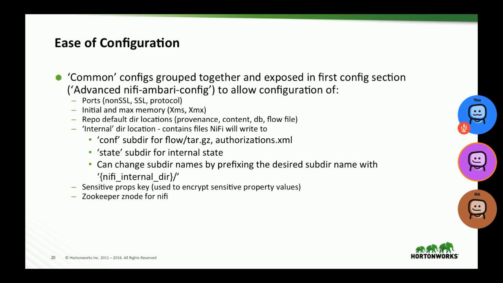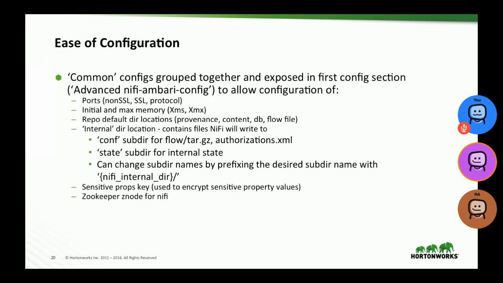So as I showed when we were installing the cluster through NiFi, through Ambari, the first tab is where all the common configs have been grouped together and exposed in the very first config accordion called Advanced NiFi Ambari Config. And the idea there is we wanted to make it easier for the general folks who are maybe not doing security.